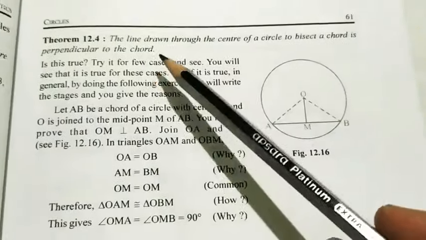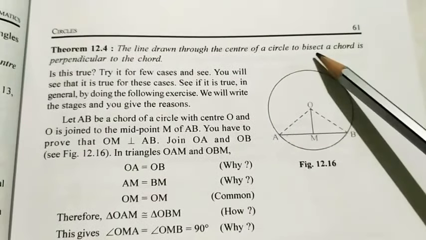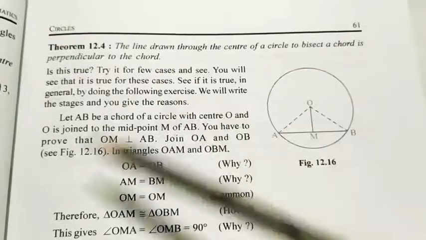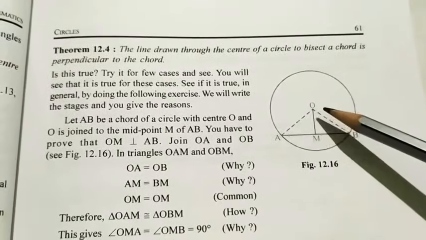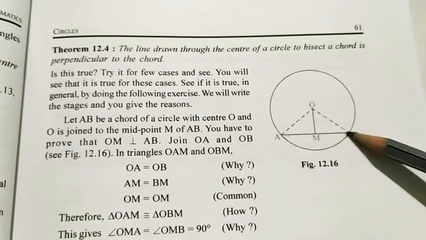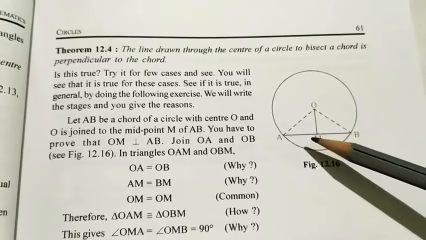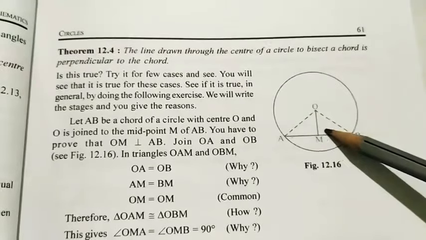And the next theorem: a line drawn through the center of a circle to bisect a chord is perpendicular to the chord. So it is the reverse of the earlier theorem. If I take OM as a bisector, meaning AM equals MB, then automatically OM is perpendicular, in the sense that it is making 90 degrees.